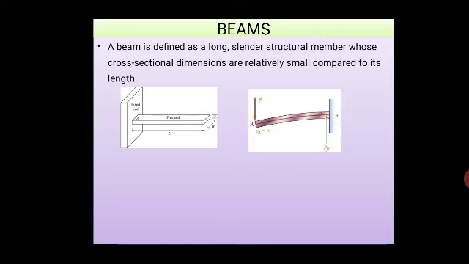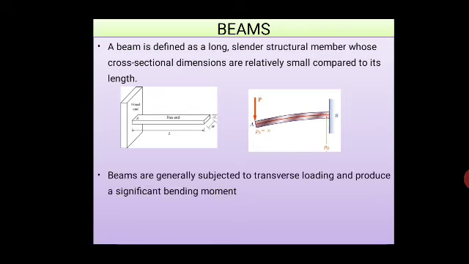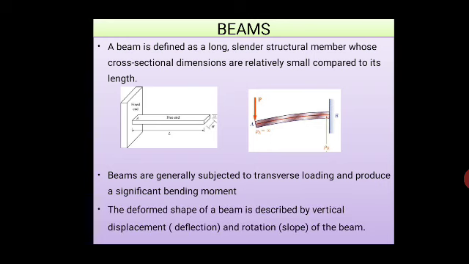Along with this, a beam is subjected to a transverse loading, and because of this transverse loading, the beam will produce a significant bending moment. Therefore, the deformed shape of a beam is described by its vertical displacement, that is the deflection, and the rotation, nothing but the slope of the beam.